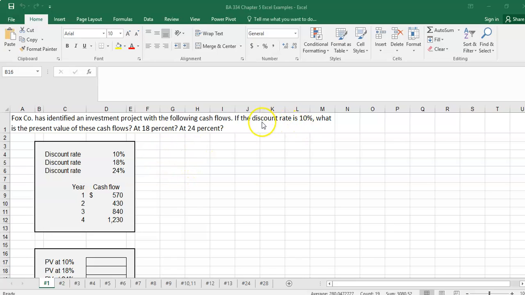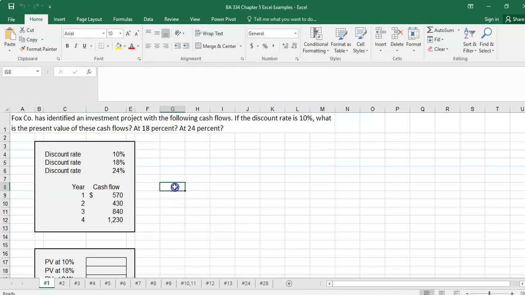With this first one, we are looking at calculating the present value of cash flows at 3 different percentage rates. When you have different cash flows in every year, you need to calculate each one of the cash flows individually because they each have a different time of collecting interest.